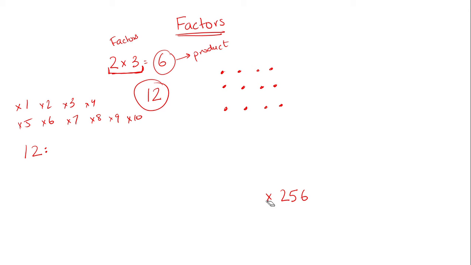Okay. So now we know that 2 of the factors of 12 are 1 and 12. Now let's go through the 2 times table. Is there anything 2 times anything which can give you 12? 2 times 6 can give you 12. So 2 and 6 are factors of 12.